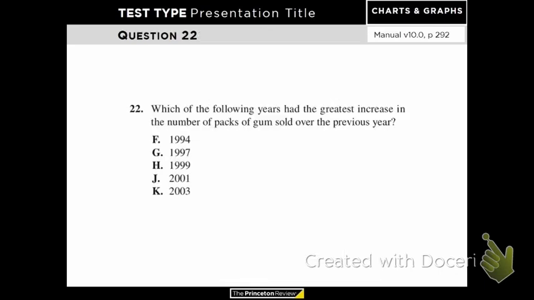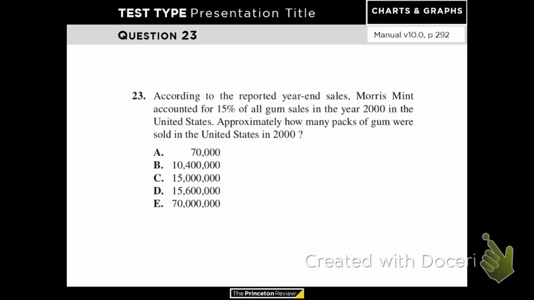Okay, so I'm going to jump back here so I have some room to write. So it's saying that Morris Mint accounted for 15% of all gum sales in the year 2000. So that 10.4 million, and I'm going to go ahead and write it like this instead of just 10.4, is equal to 15%, so 0.15 of the total amount.